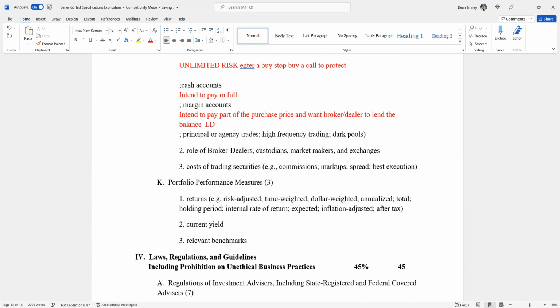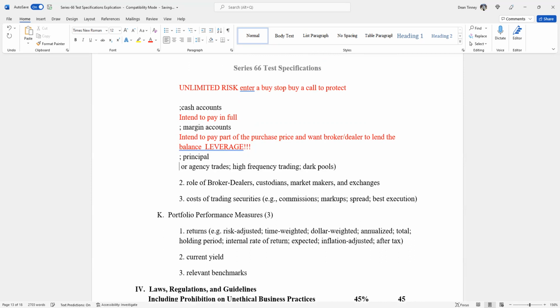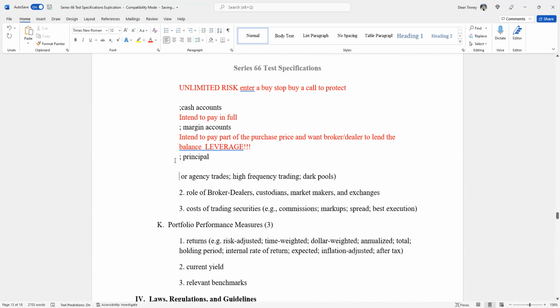We're going to make you put up half. You're going to be at risk initially for 50%. The brokerage firm is going to lend you 50%. So that means you're going to be making money twice as fast, but that also means you're going to be losing money twice as fast. So the same supercharged speed you're going to be making money with is the same supercharged speed you're going to be losing money with.